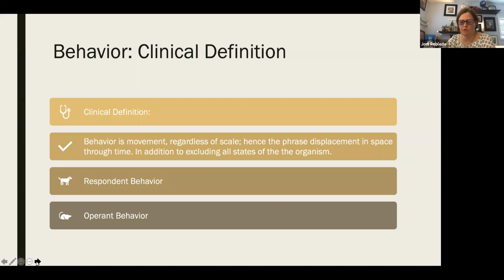So behaviors that are learned or that are somehow considered volitional. We do it probably because of a history of reinforcement, so that would make us continue the behavior to happen again because it was reinforced. Or we no longer do a behavior because it was punished, or we did not receive access to a reinforcer. So respondent and operant behavior.